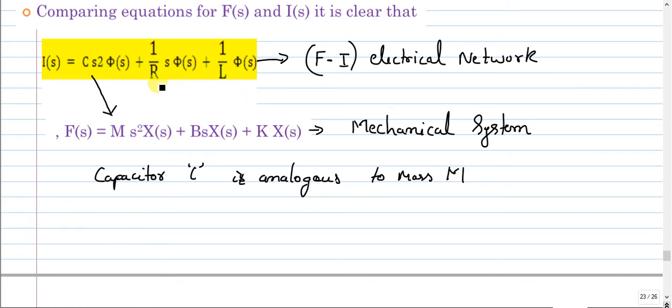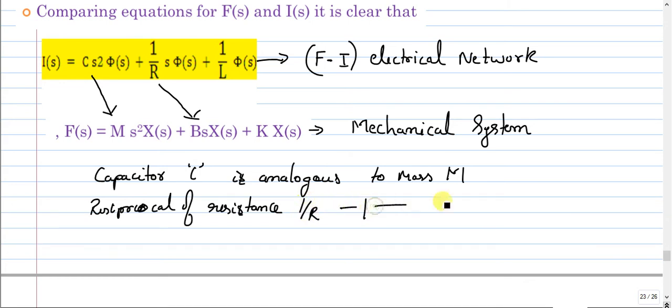Similarly, 1 by r, that is the reciprocal of resistance, which is represented by 1 by r, is analogous to frictional constant B.